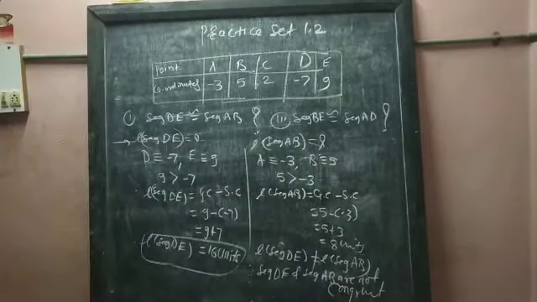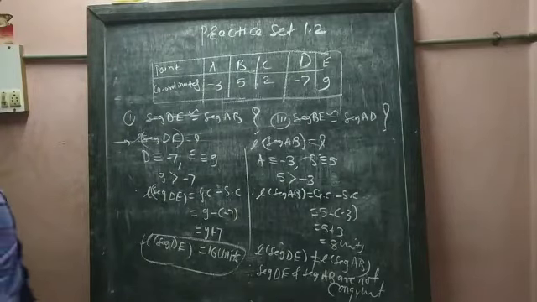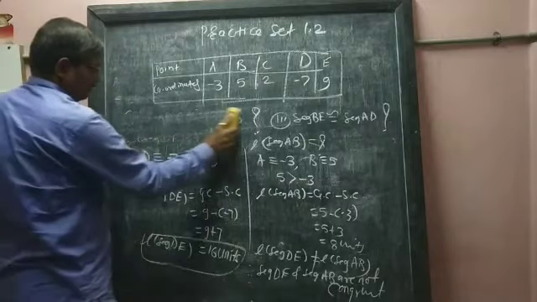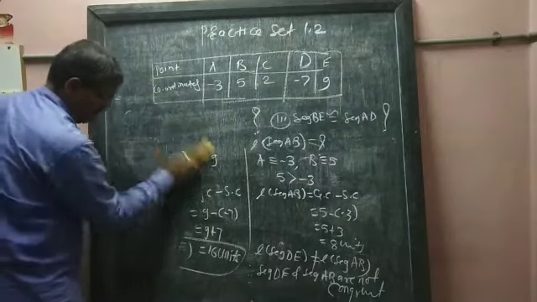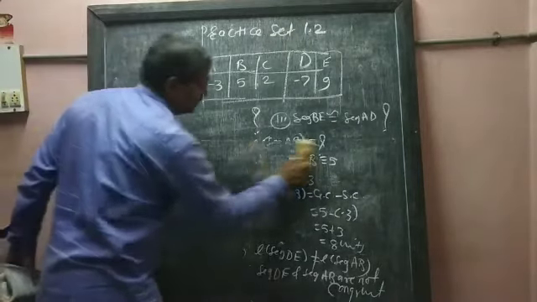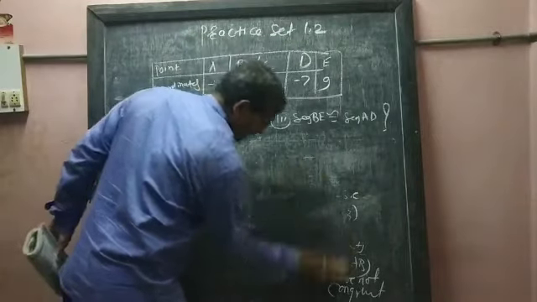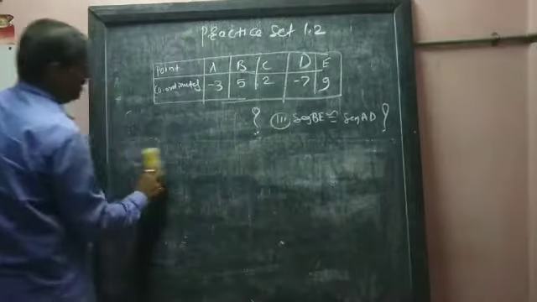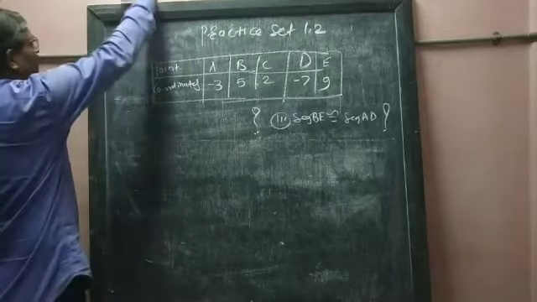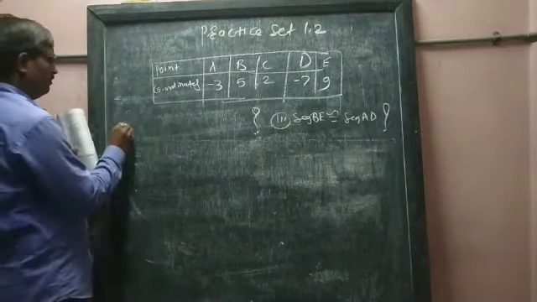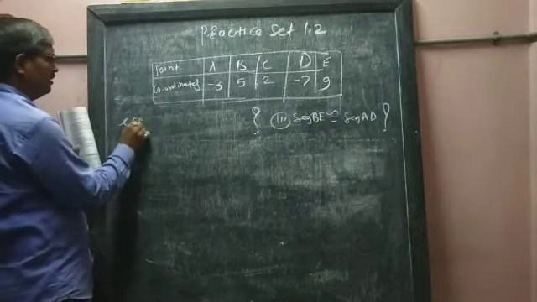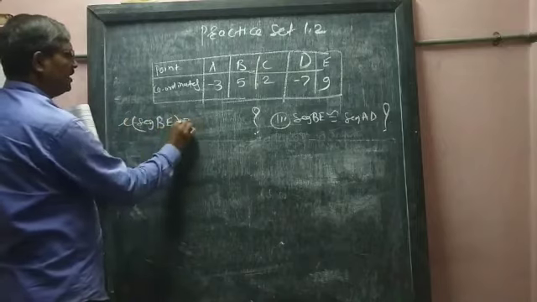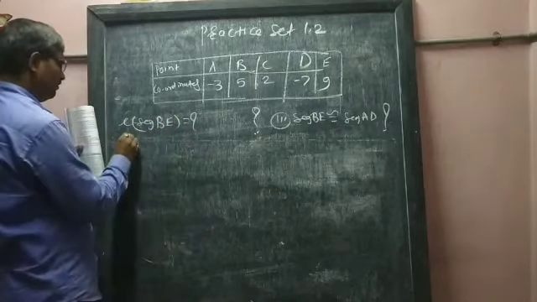In a similar way, we will see whether seg BE and seg AD are congruent or not. We will find the length of seg BE and then the length of another segment AD. Now length of seg BE is equal to what?